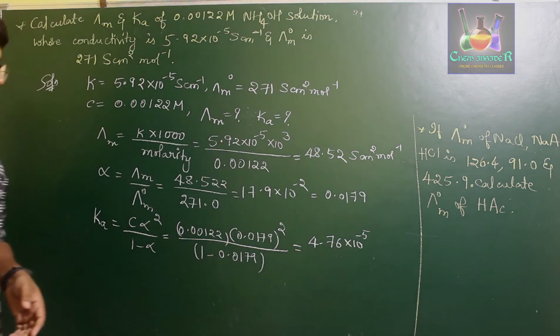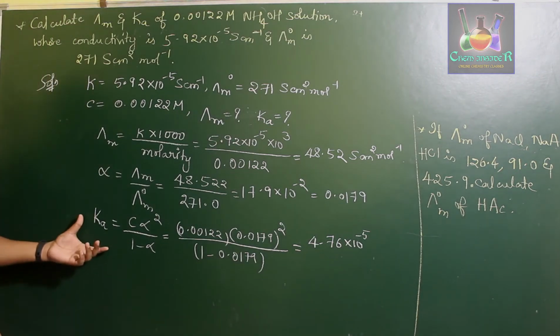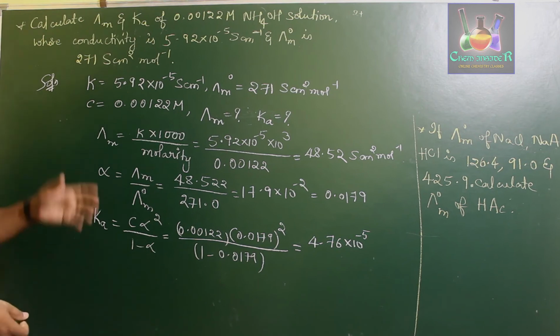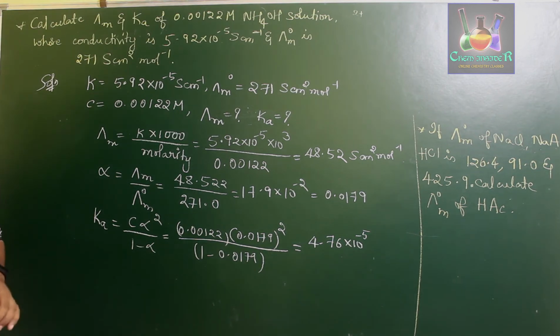So this is the value of the dissociation constant of 0.00122 molar ammonium hydroxide solution. Okay, so this is how the calculation goes.